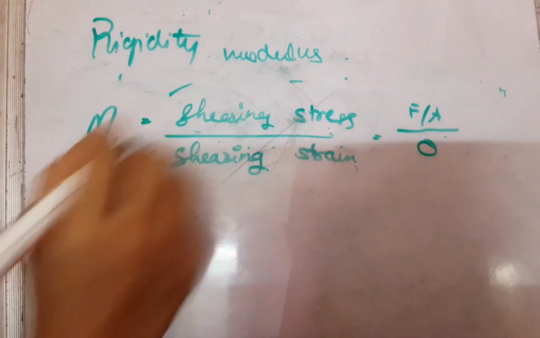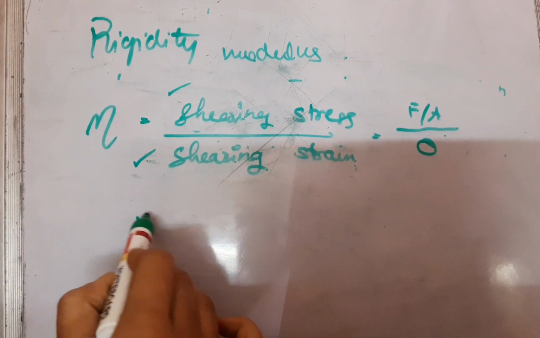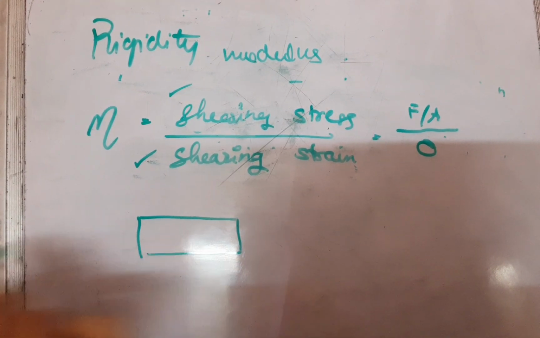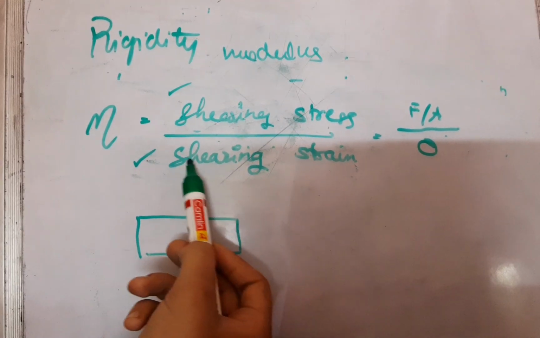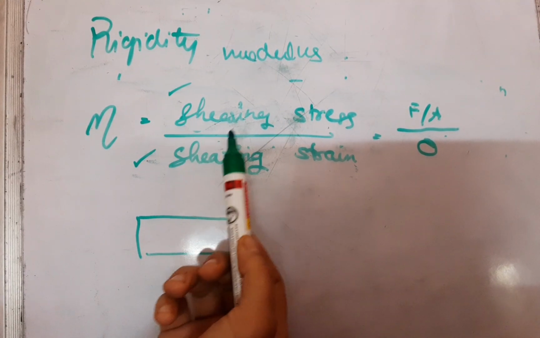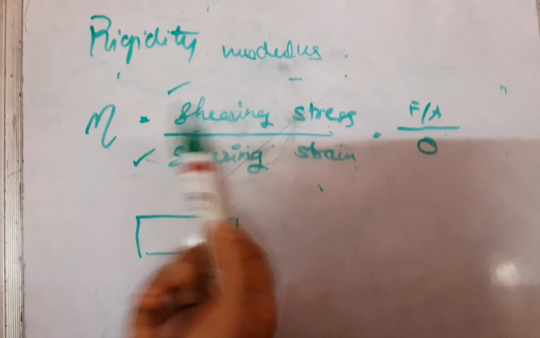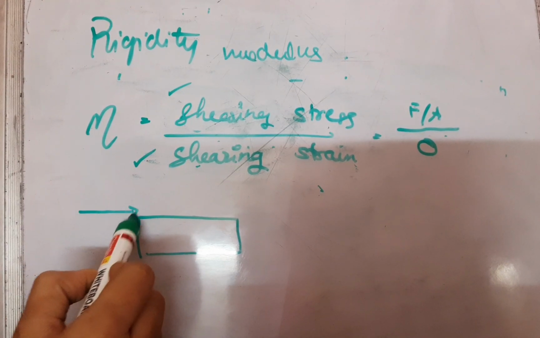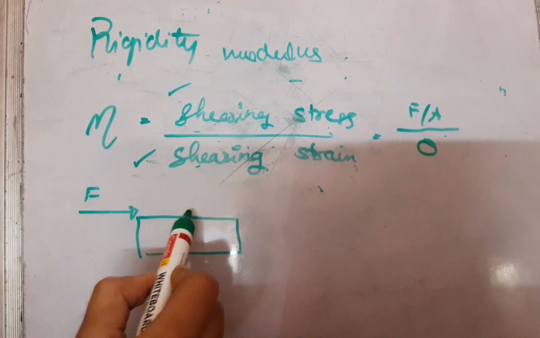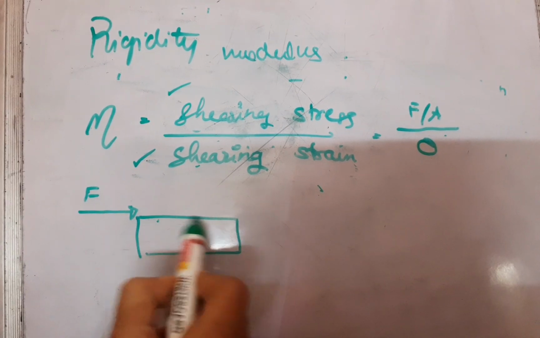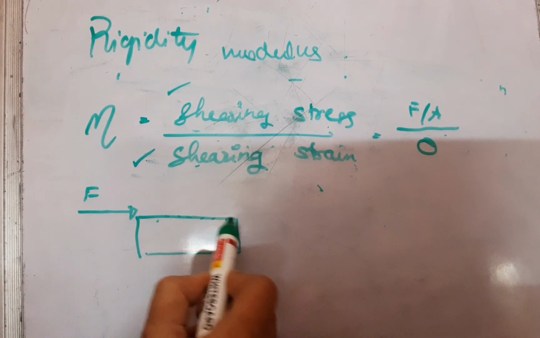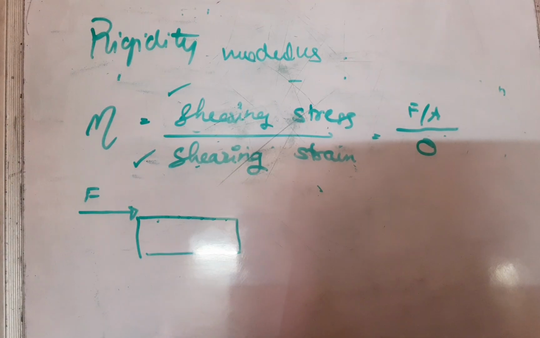theta, because suppose this was your object. The shearing stress or shearing strain will be caused by a tangential force. So tangential force will be like this, F. So what will happen? The upper layer will shift by this much. I will show you with another marker, 1 second.